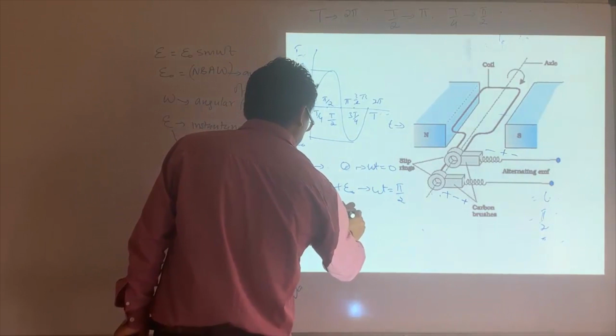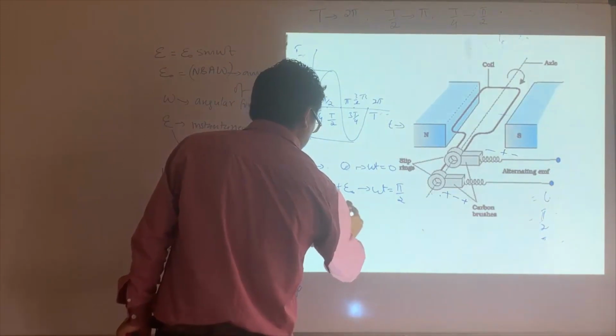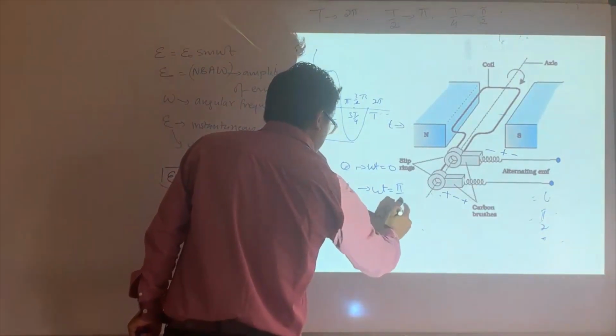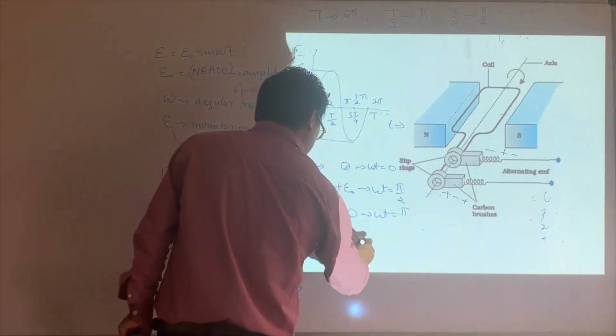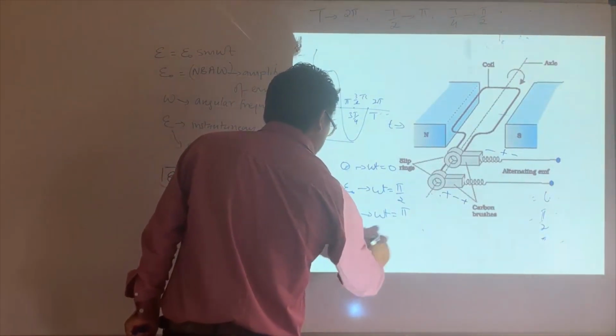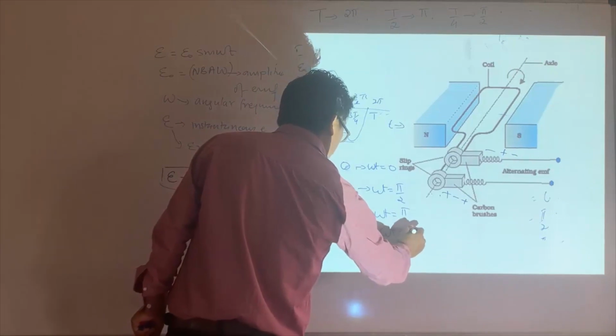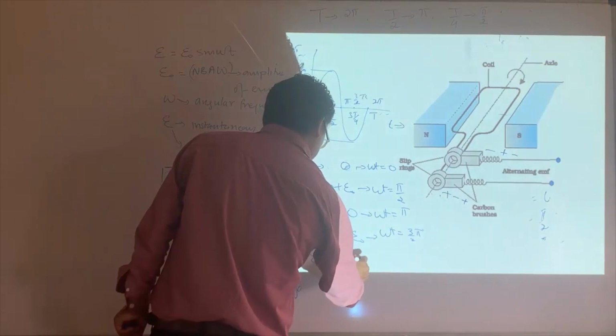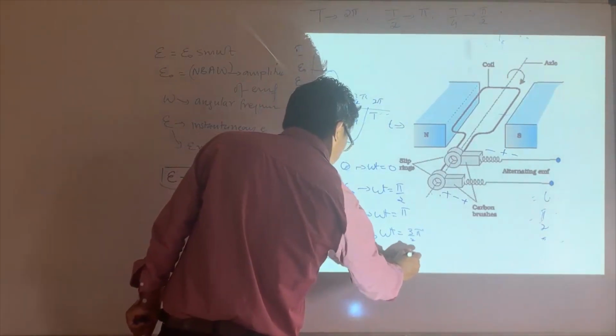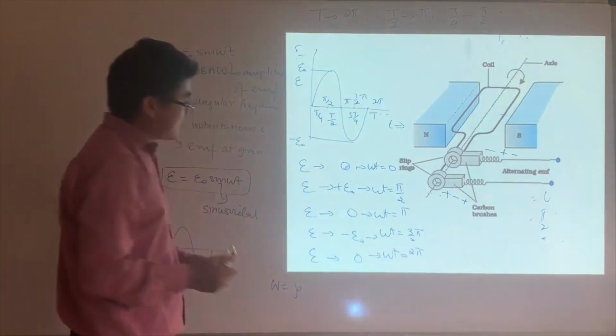It is 0 for omega t equal to pi. It is equal to minus E naught for omega t equal to 3 by 2 pi. And it is 0 for omega t equal to 2 pi. So this is what we have.